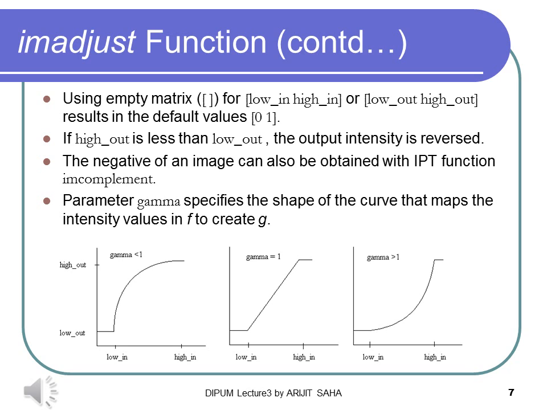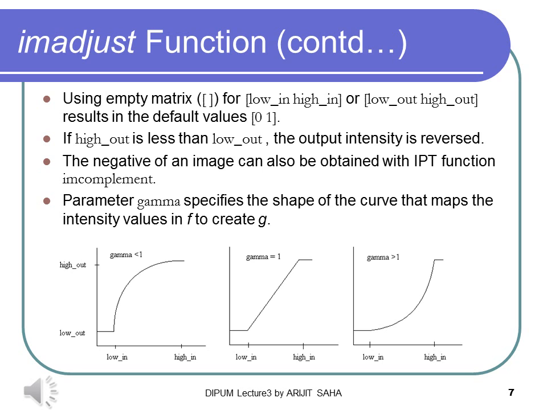If high_out is less than low_out, the output intensity is reversed. The negative of an image can also be obtained with IPT function imcomplement. Now, gamma parameter we have not specified till now. Parameter gamma basically specifies the shape of the curve that maps the intensity values in f to create g. Here we can see 3 types of gamma values: gamma less than 1, gamma greater than 1, and gamma equal to 1.